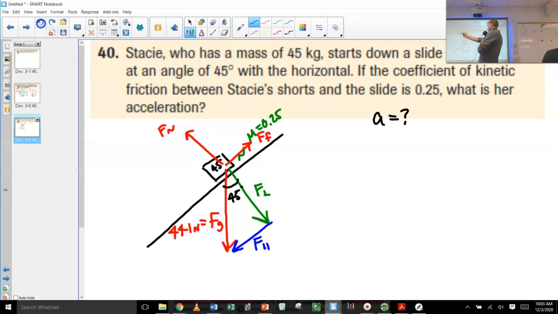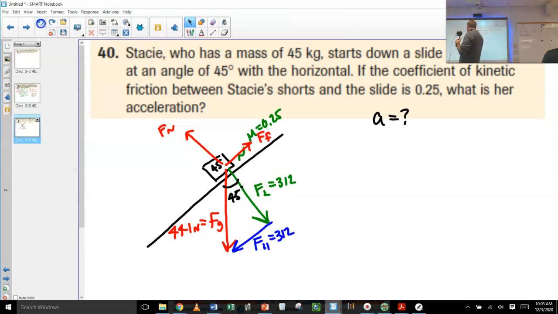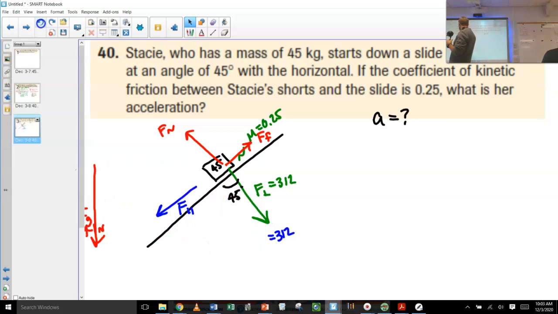So if I take 441 and I multiply by the sine of 45, I end up with 312. And because this is a 45, 45, 90 triangle, this is also 312. It's an isosceles triangle. So this, gravity, no longer applicable.